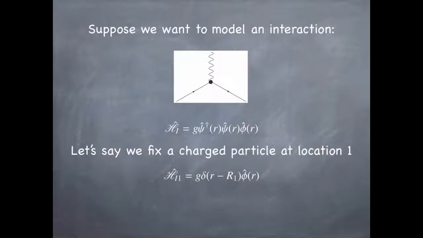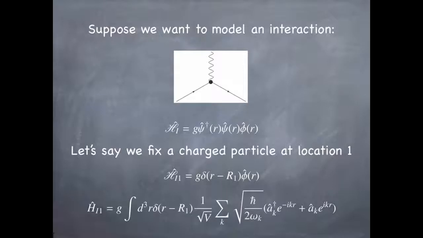That has the effect of saying the psi particle is going to be stuck at R1. It's going to have an infinite mass, essentially, so it's not going to move around or do anything. But it's still going to interact with the phi field. So I'm going to forget about the psi field for the moment. I'm going to focus on the phi field, which would be the field of the bosons with which these psi particles interact. That's the idea.